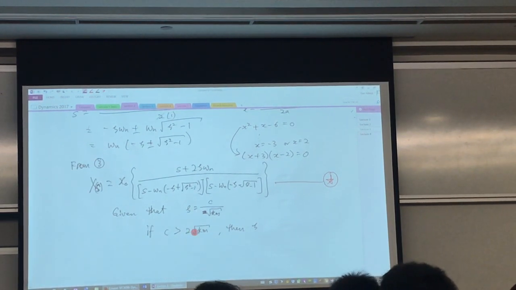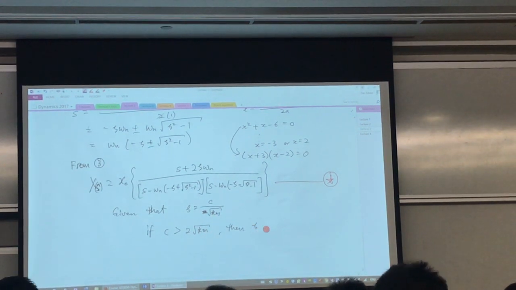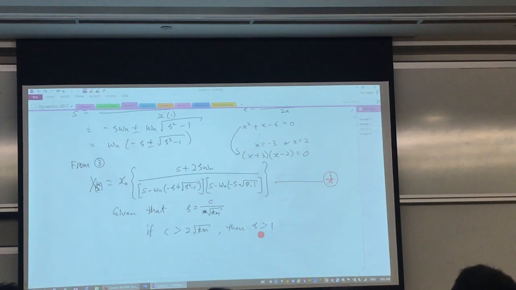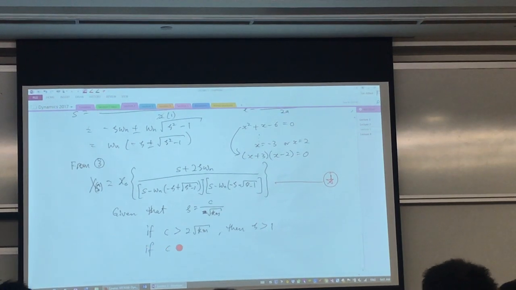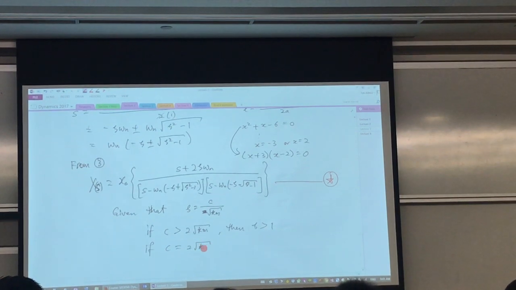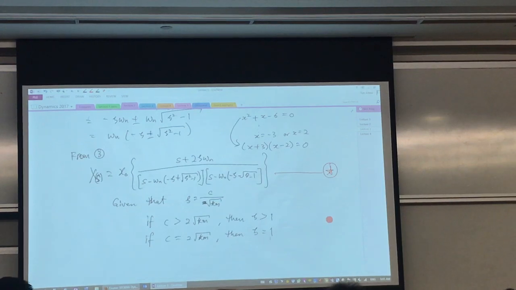Another case, if c is equal to 2 square root km, then zeta will be equal to 1. Another case, c that's lesser than 2 square root km, then zeta will be less than 1.